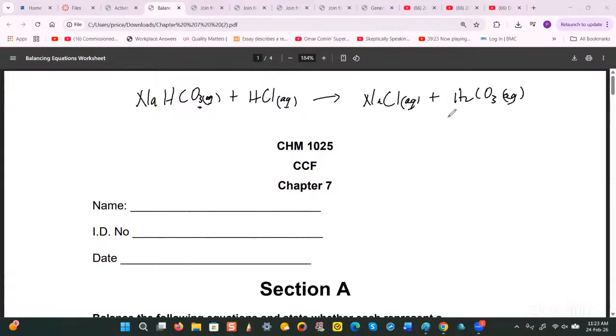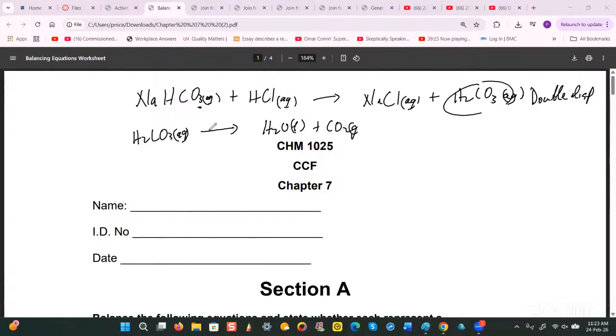But it turns out that in this particular case, the H2CO3 will also undergo a decomposition reaction to form H2O liquid and CO2 gas, right? So in this particular case, you're going to have firstly a double displacement reaction occurring, and then this product here will undergo a decomposition reaction. Okay, so that's double displacement.